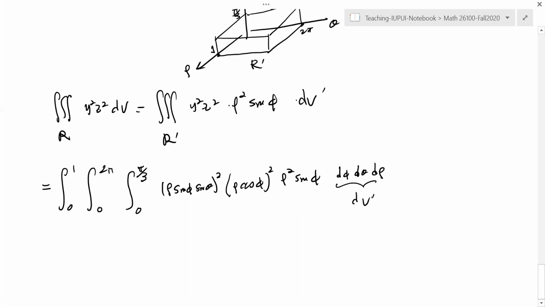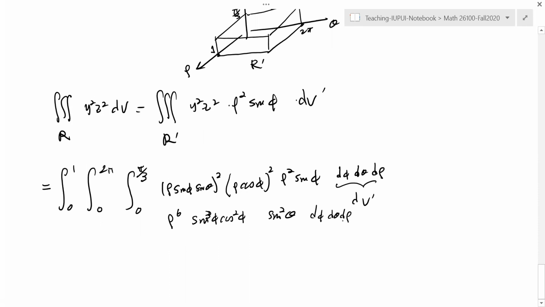So now you get the integral, and you can separate those three variables. You have rho squared, rho squared, rho squared, so rho to the power 6. Then you have sine squared theta, and for phi, sine squared phi, cosine squared phi, and sine phi, so sine cubed phi cosine squared phi. Then d phi, d theta, d rho.